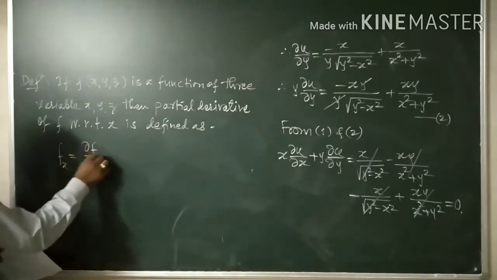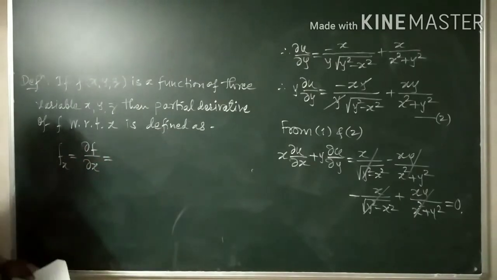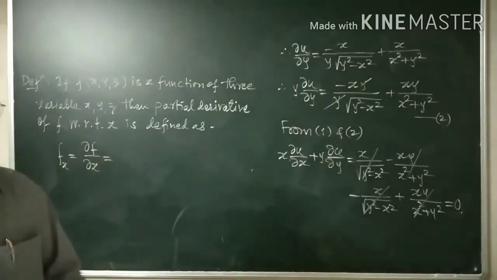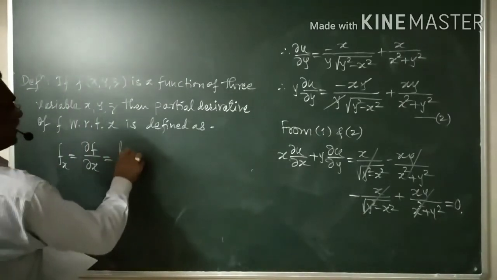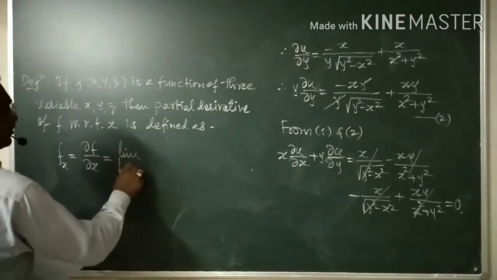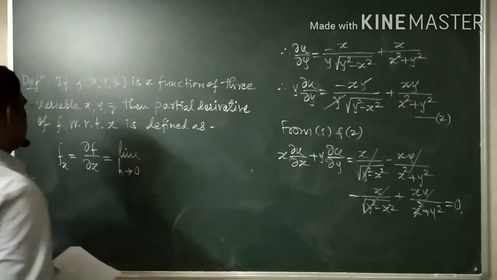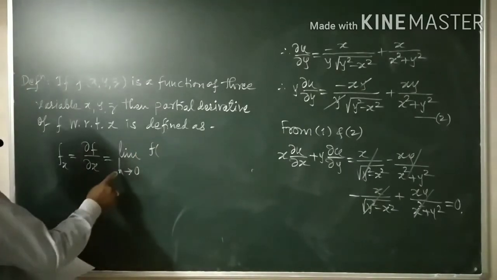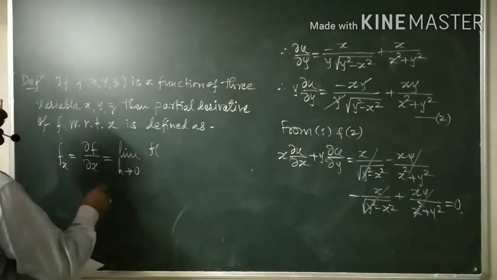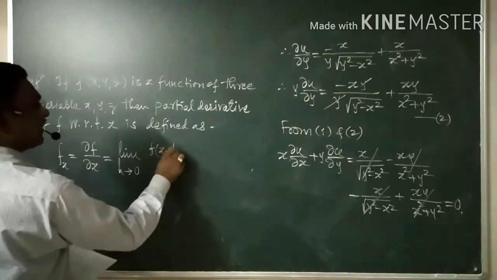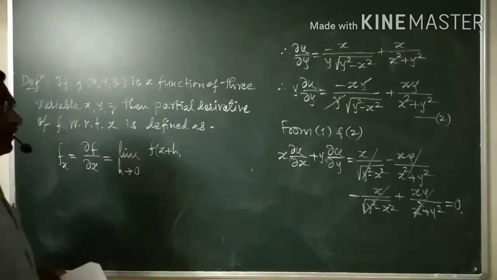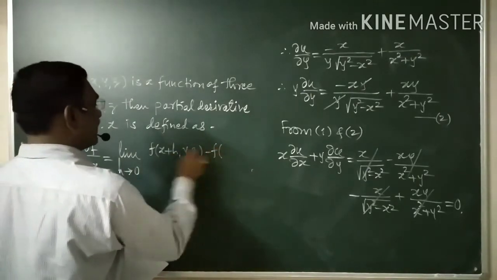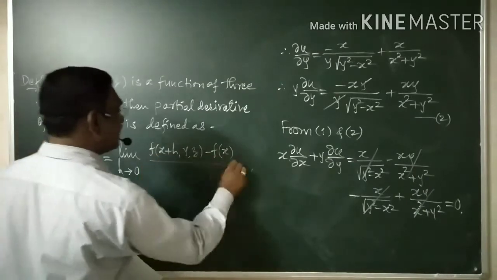Or del f by del x, and the definition of partial derivative, as we know, is in terms of limit. Limit as h tends to 0 of f of, there is change in x, x plus h, and keep other 2 variables constant, y, z, minus f of x, y, z, divided by h.